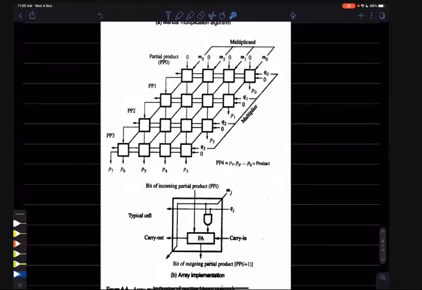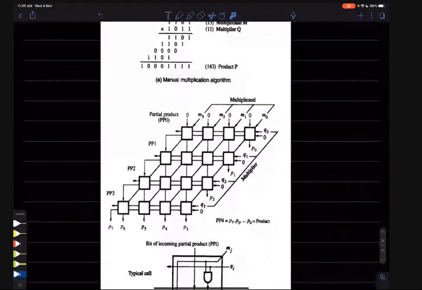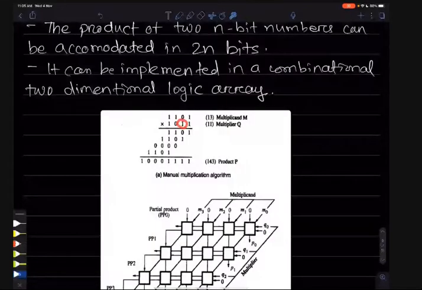Multiplication will be done, and then the output will be added with the output of the previous partial product. Suppose you want to see at this stage what the multiplication output is: this one. What is the previous product output? This one.